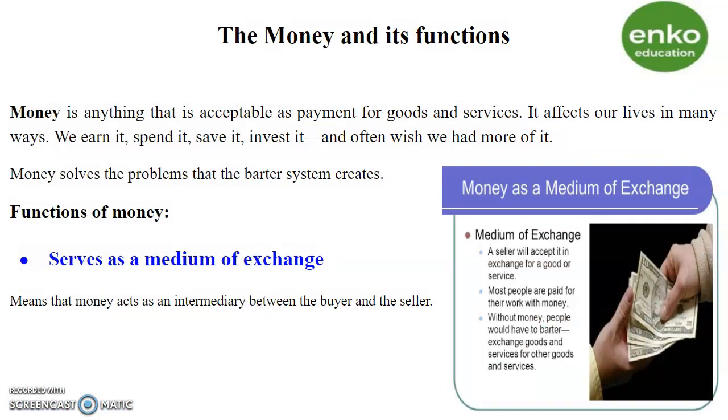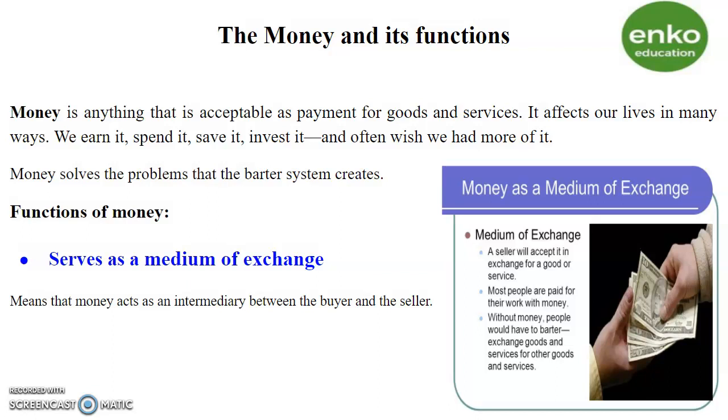Continuing now. Over time, human beings have used many different products as media of exchange, but those products were not so efficient.